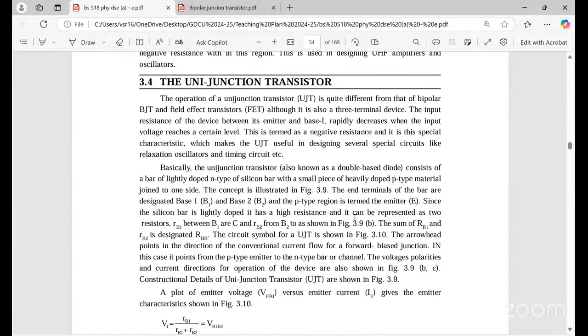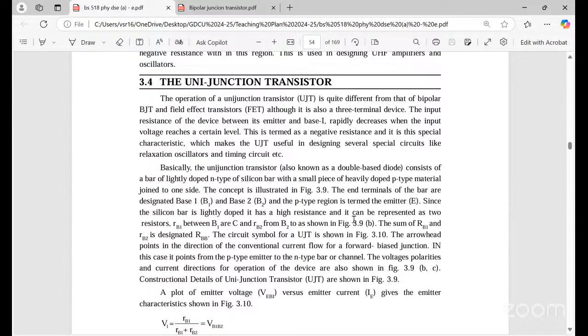Next is the UJT, unijunction transistor, which is quite different from the BJT. In a UJT the current may flow in only one direction, whereas in a BJT it flows either way. Okay. The UJT is also a three-terminal device.